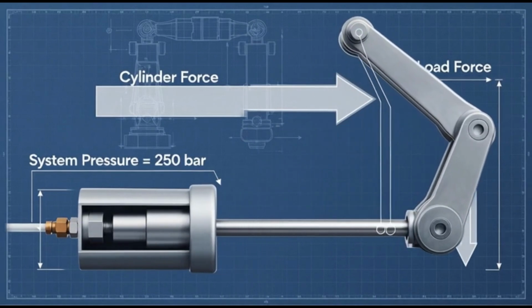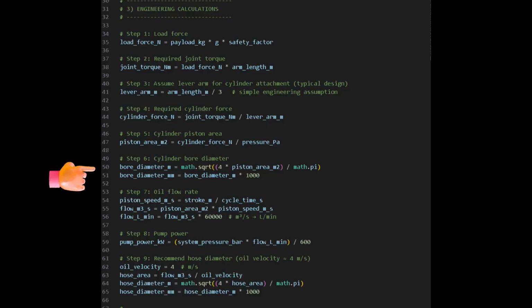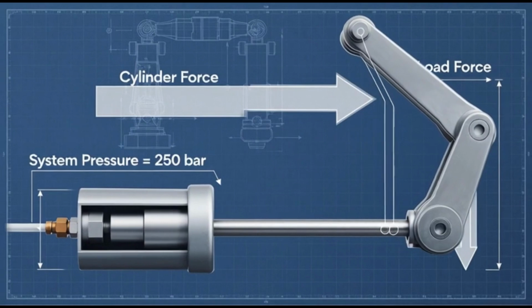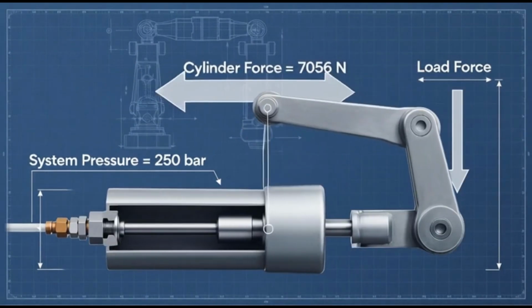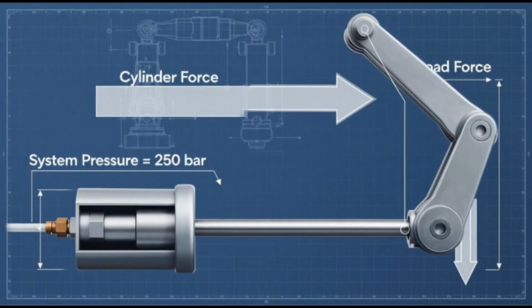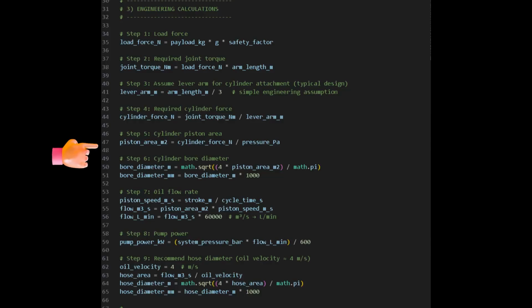Step 4. Calculating cylinder bore diameter. Now we size the hydraulic cylinder. Hydraulic force comes from pressure multiplied by piston area. So, force equals pressure times area. From this, piston area equals force divided by pressure. Once we know piston area, we calculate bore diameter: diameter equals the square root of 4 times area divided by pi.